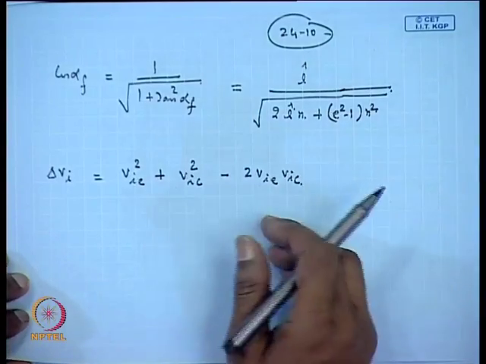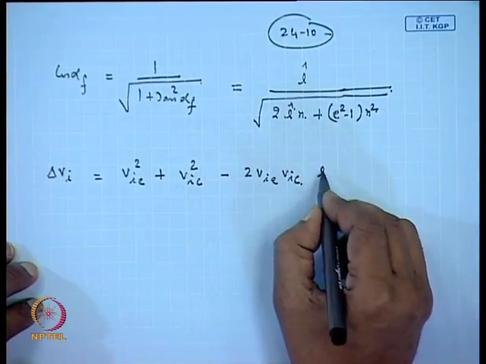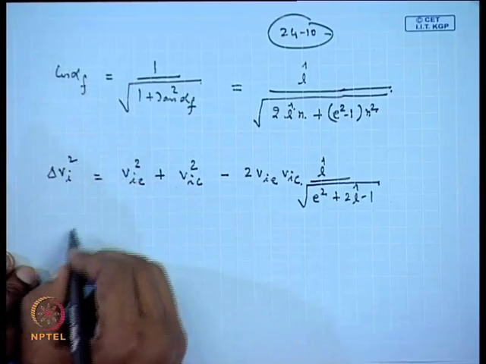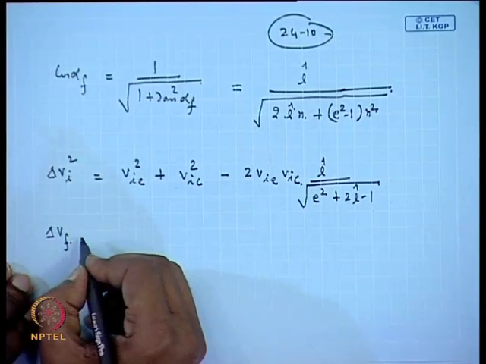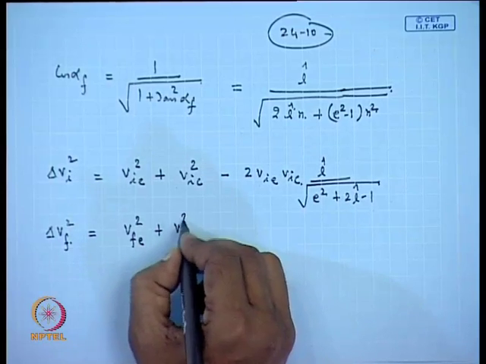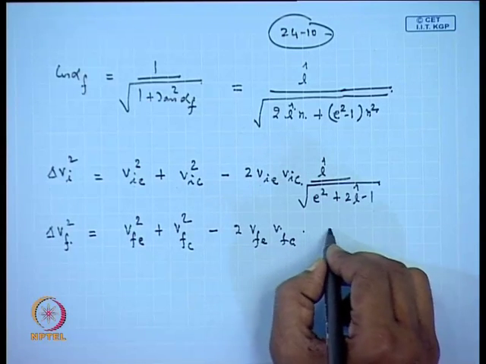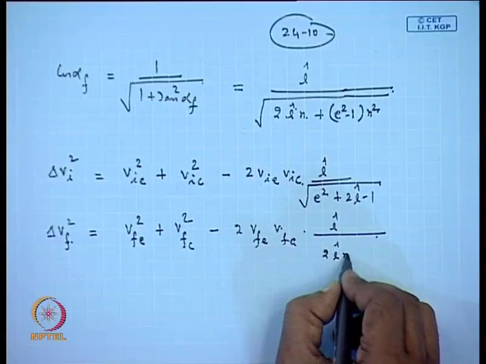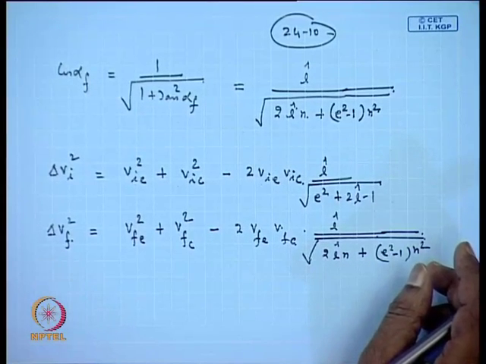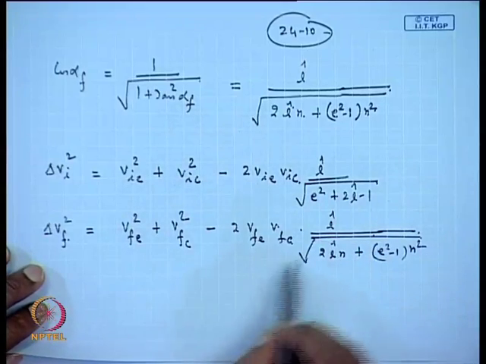So, after inserting the value, okay, these are the two equations which are available to us, and these two will give us the amount of impulse required, but we need to further simplify these two equations.